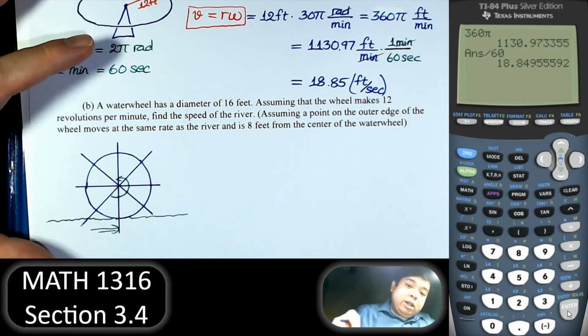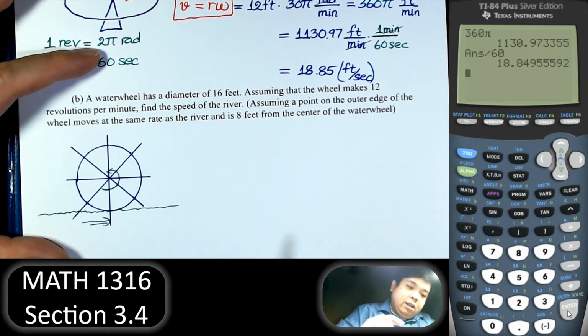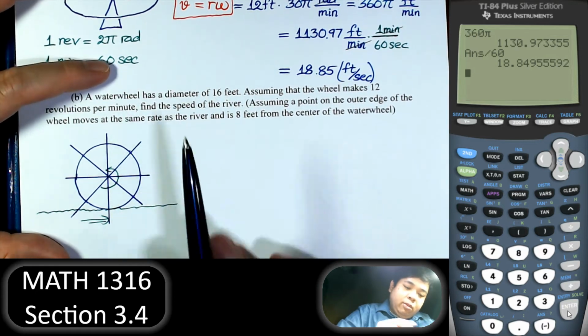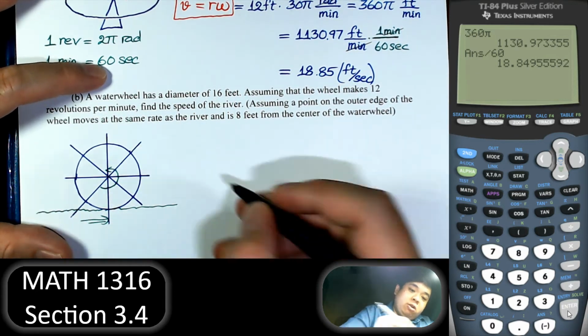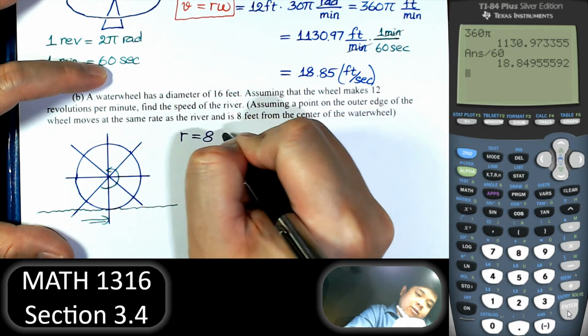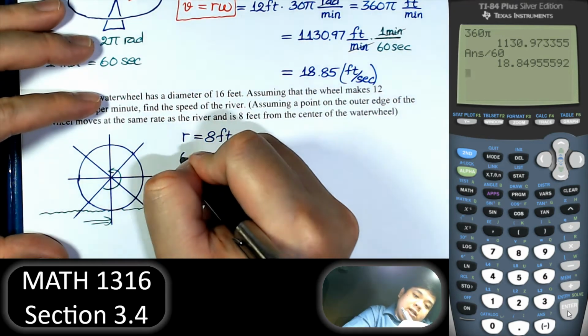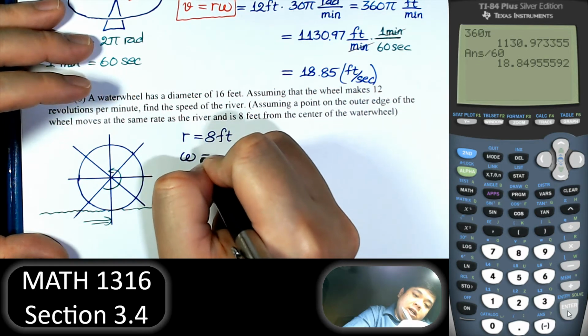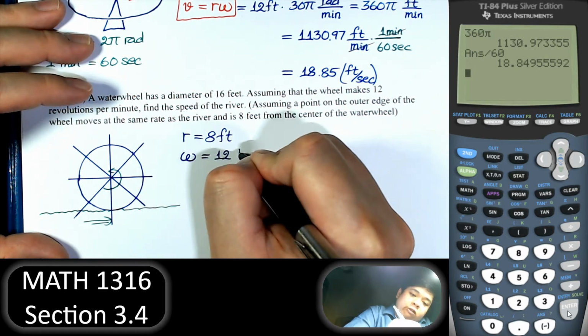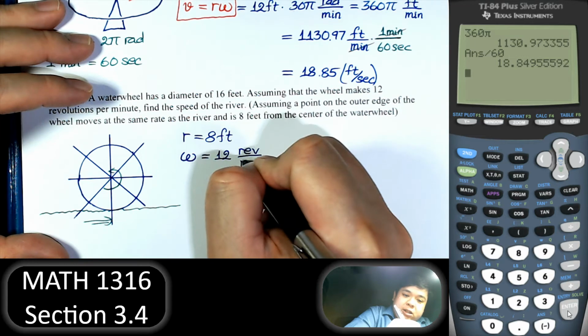Right. So in this case, the diameter is 16 feet, but the radius, of course, is 8 feet. And the angular speed is 12 revolutions per minute.